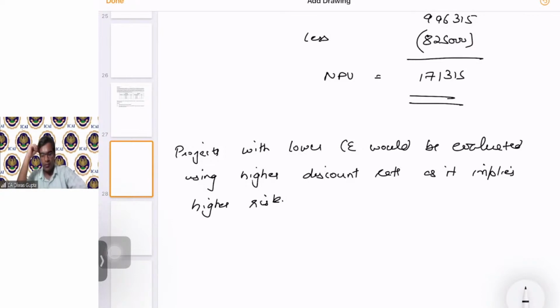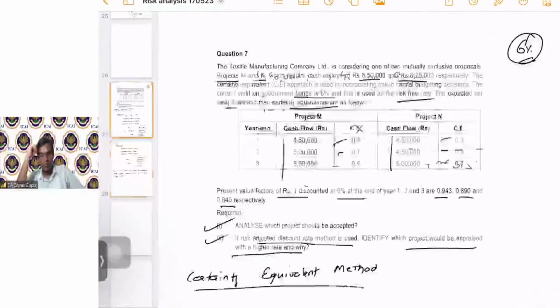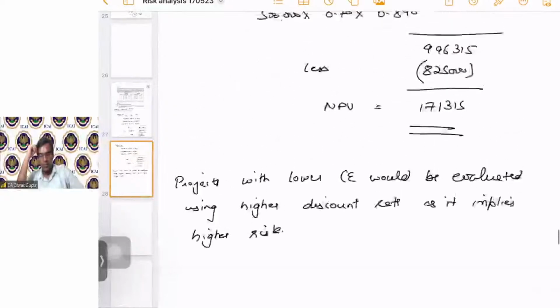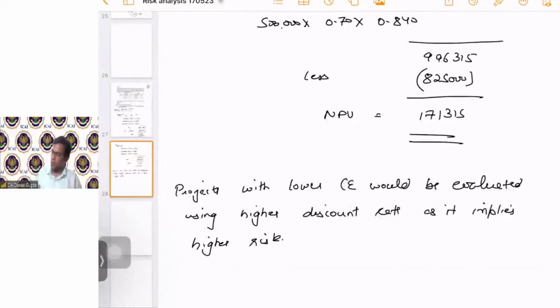Perfect. So I think this is also we discussed. If CE is higher, certainty equivalent coefficient is higher, that means project is less risky. Yeah?